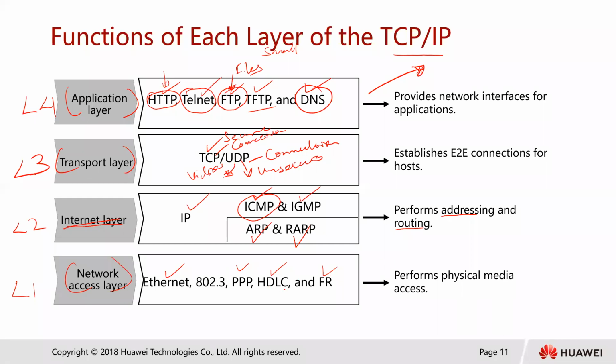So these are some of the protocols, and there are quite a few more protocols within this suite, but they're just mentioning a few of them. And this performs the physical media access, just like our data link layer in our OSI model.